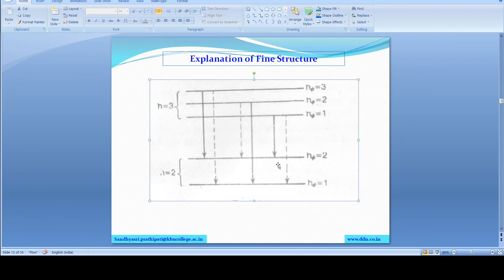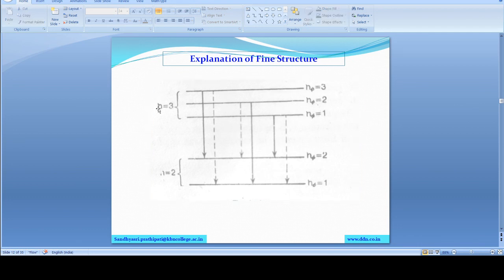So what may be the next one? n phi is equal to 1, nr is equal to 1. n phi is equal to 2, nr is equal to 0. So in n equal to 2, with n phi equal to 1, one suborbit; with n phi equal to 2, one more suborbit. So in n equal to 2, there are 2 suborbits. For n equal to 3, n phi equal to 1, one suborbit; with n phi equal to 2, one more suborbit; with n phi equal to 3, one more suborbit.